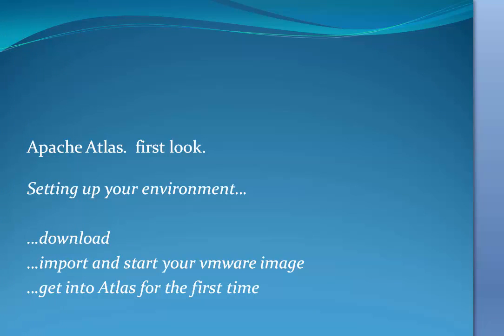Go ahead and do your download, import and start your VMware image, and get into Atlas for the first time so you can start playing, doing the tutorials, and start gaining familiarity with this new initiative for metadata management in Hadoop. Good luck, and thanks for joining.